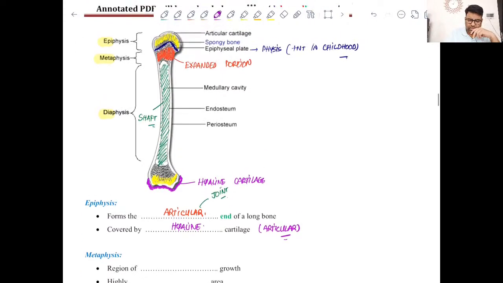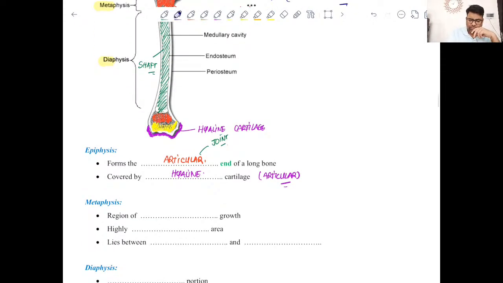Now coming to metaphysis. This expanded portion is metaphysis, and this is the region of maximum, or you can say active growth, and this area has a good amount of blood supply, so we call it a highly vascular area, right? When I use the word vascular, it means rich blood supply.